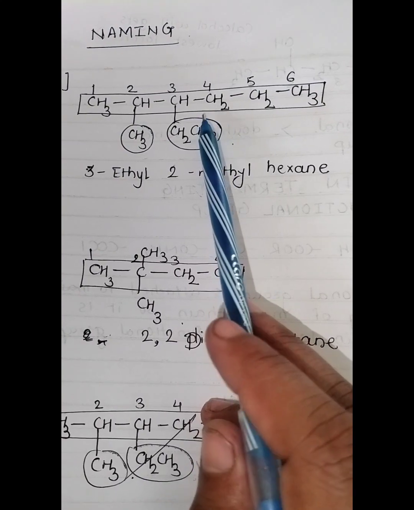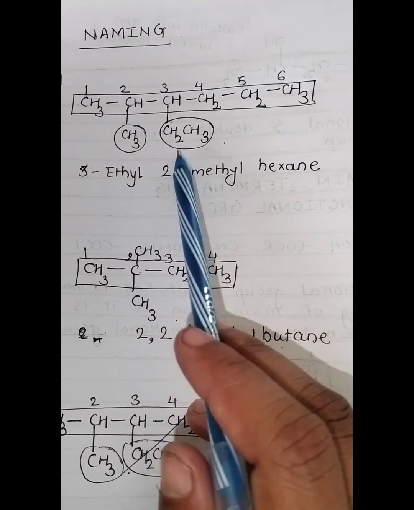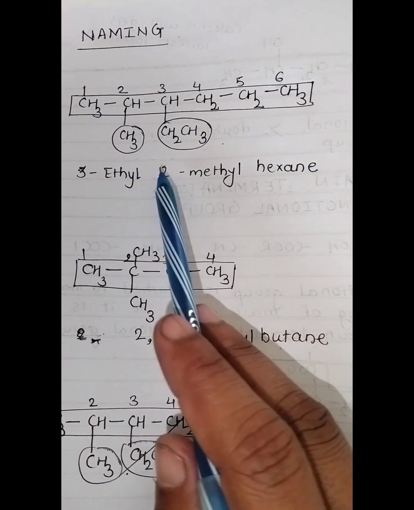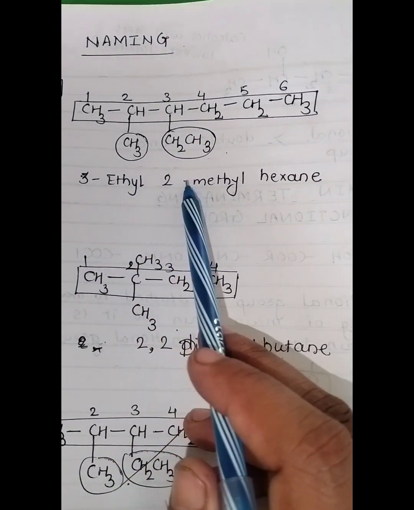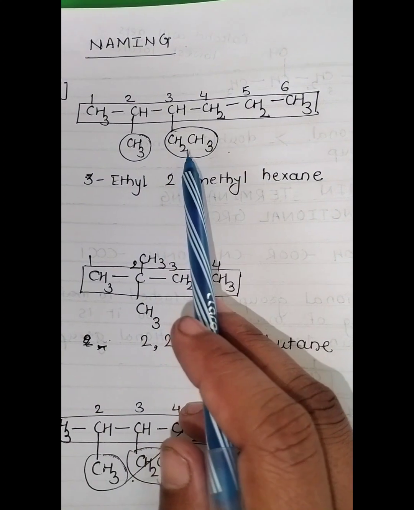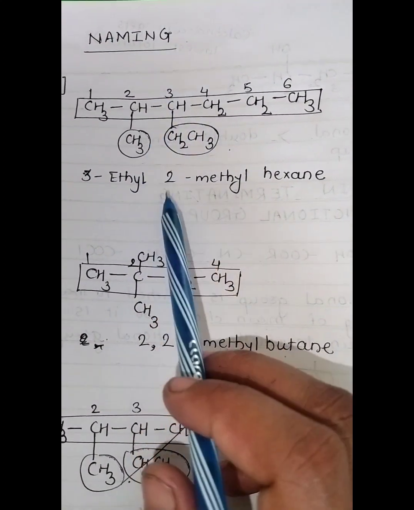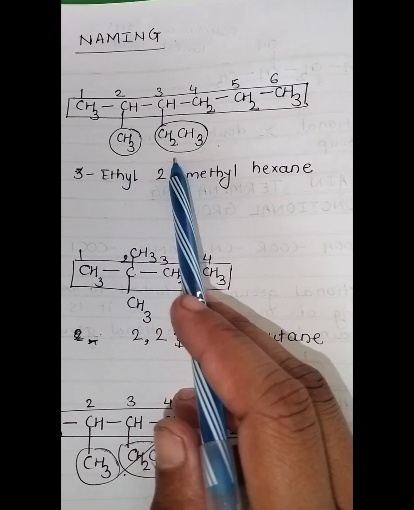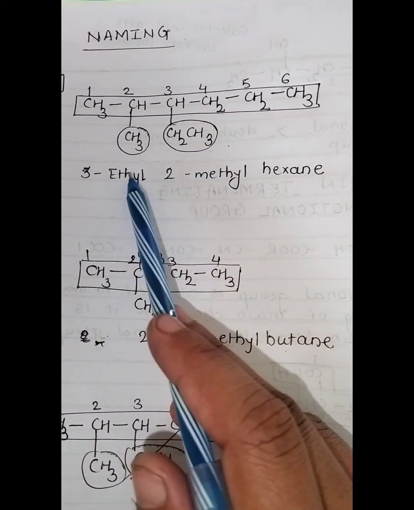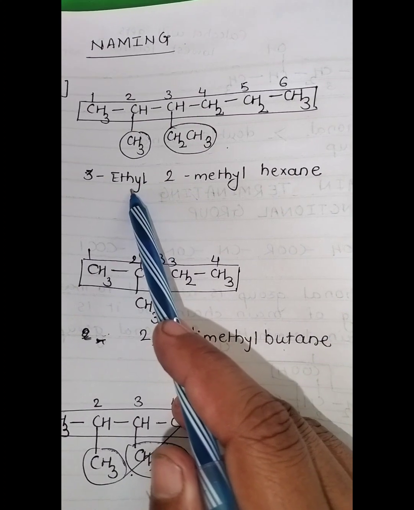So we arrange according to the alphabet. First ethyl comes, E comes, and then M. So we first name 3 ethyl, because it is a substituent, so we write YL.